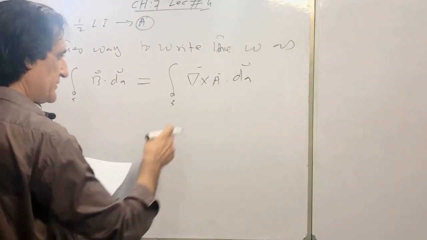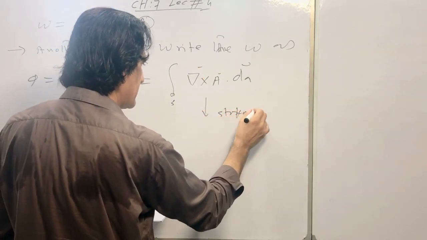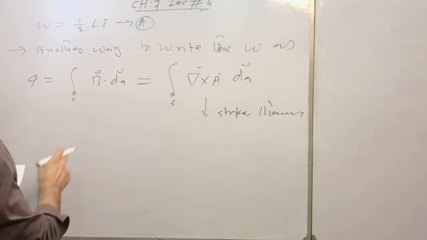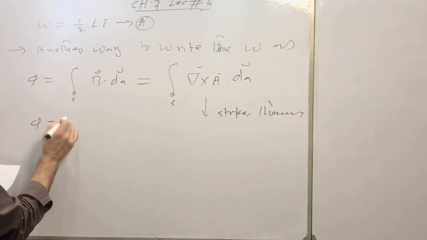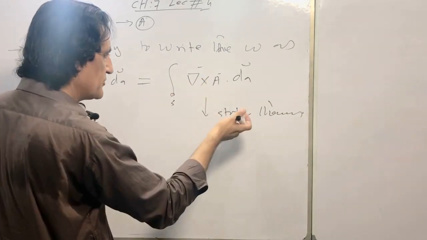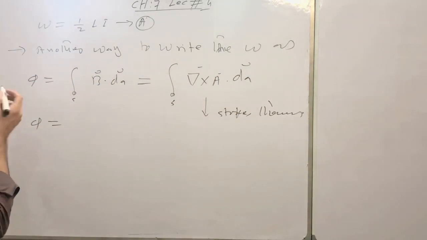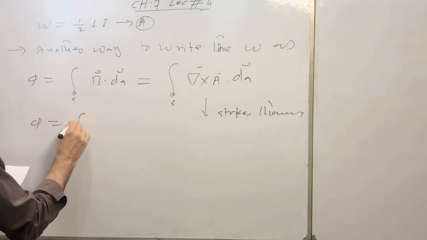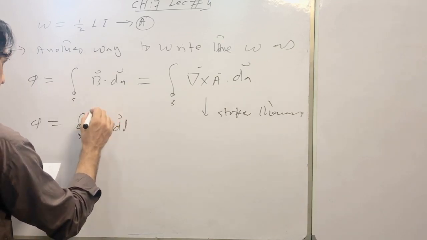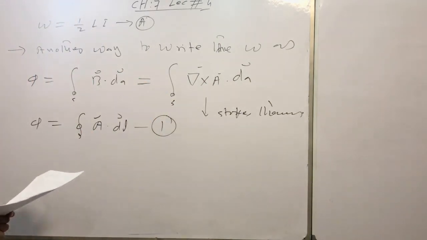Using Stokes theorem, this surface integral converts to a line integral, so the flux phi is equal to the integral of A dot dl. Let's say this is equation number 1.